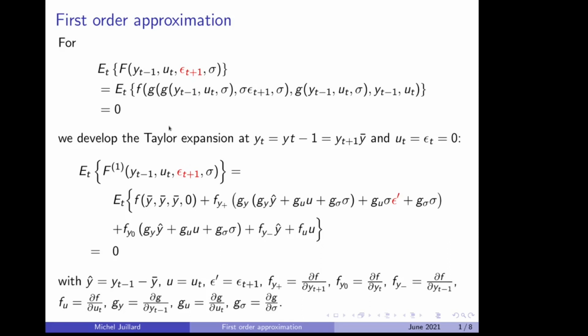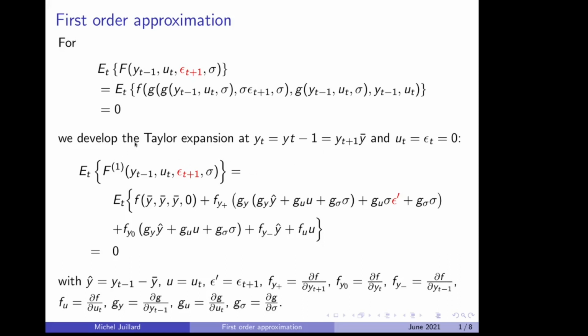And we are going to develop this Taylor expansion for yt minus 1 and yt plus 1 equal to y bar, and ut and epsilon t equal to 0. That is a deterministic steady state.